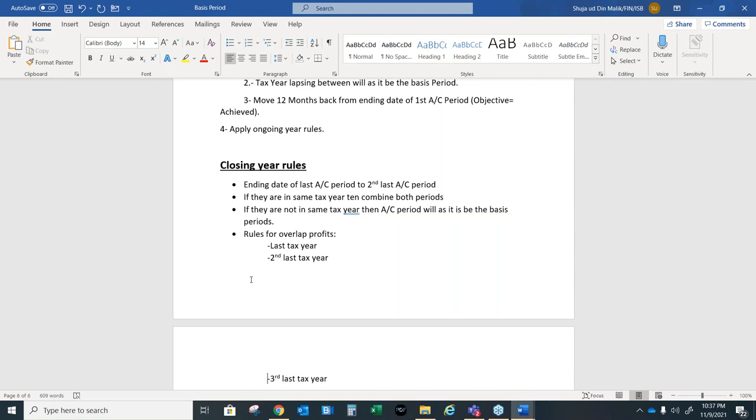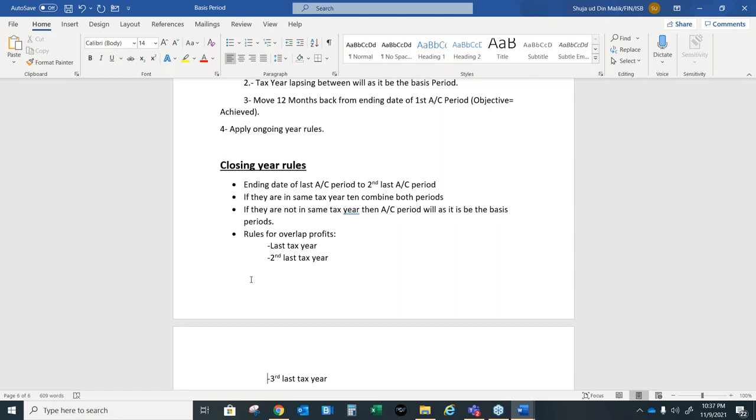HMRC has to close your accounts in its books, and they have opted for closing year rules depending on the situation in which you are closing your business. Note that a business never closes when it is in normal circumstances, making profits, or does not have any survival issues. The business closes when some uncertain or unwanted scenario happens.